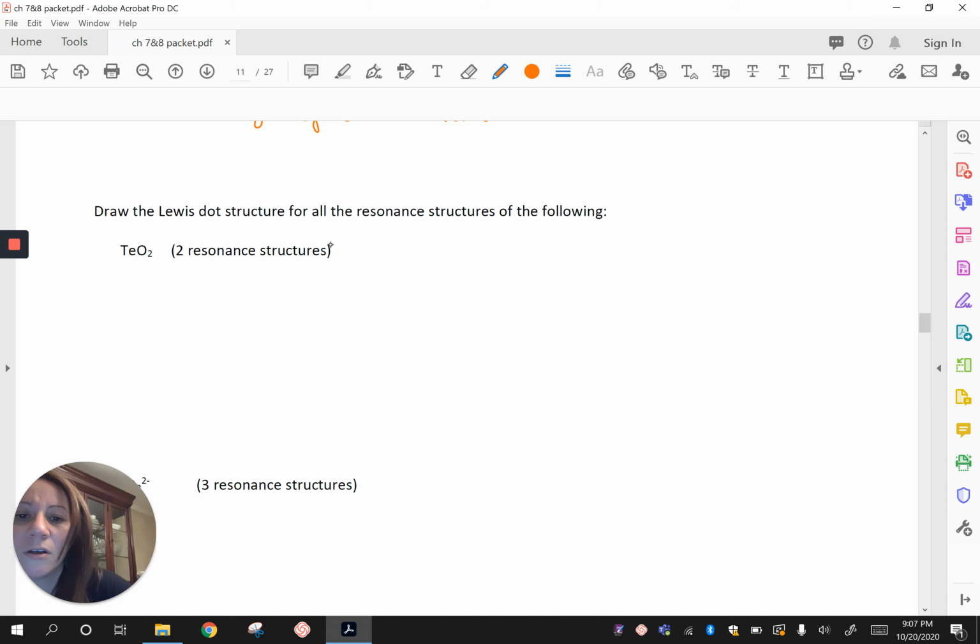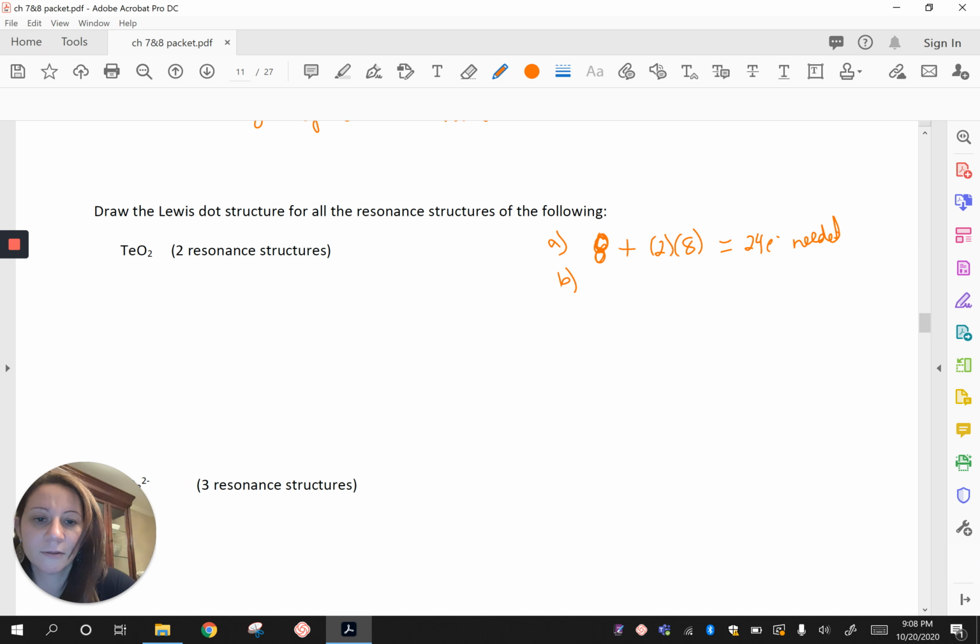Tellurium has 6. We're going to do how many electrons are needed first to make it stable. So tellurium would like to have 8. Then we have 2 oxygens, each would need 8 to be stable, so 3 times 8 is 24 electrons needed.